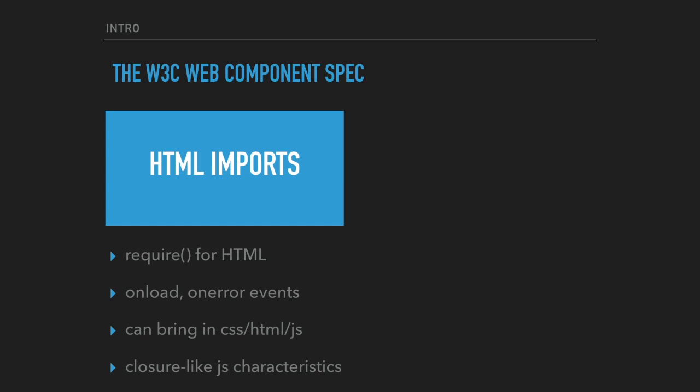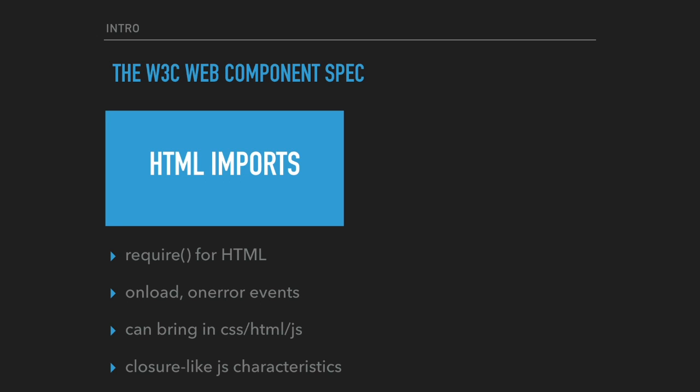So HTML imports are almost like requiring a module or bringing in an external CSS style sheet, but for HTML. Like HTML tags that bring in external resources, we get onload and error events. And because HTML can contain CSS by way of a style block or JavaScript by way of a script block, this allows us to bring in structure, style, and behavior all with one file.